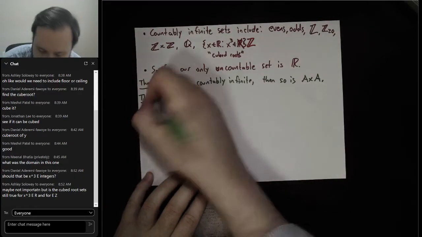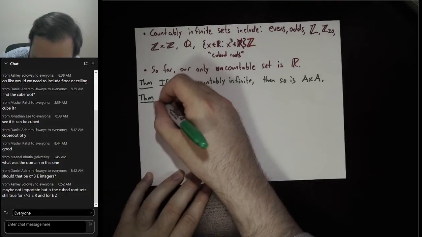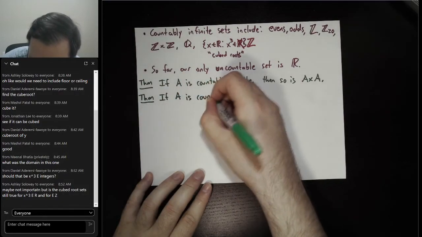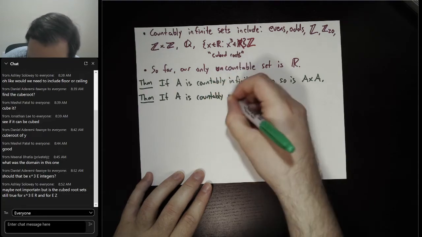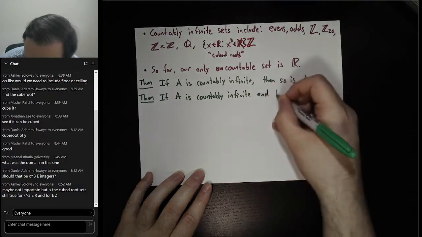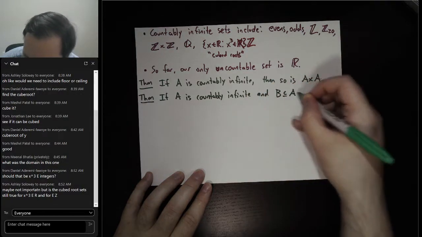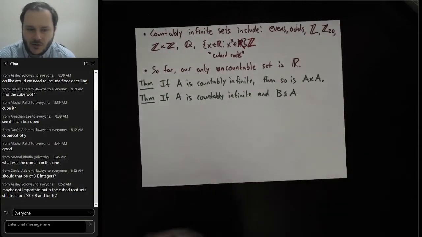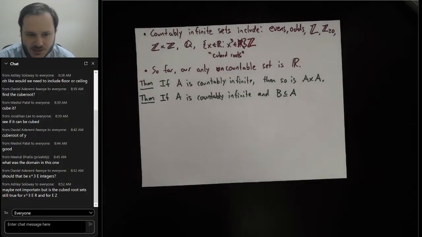Here's another theorem. If A is countably infinite, and B is a subset of A, one of two things is true. What are the two possibilities? Help me finish this theorem.